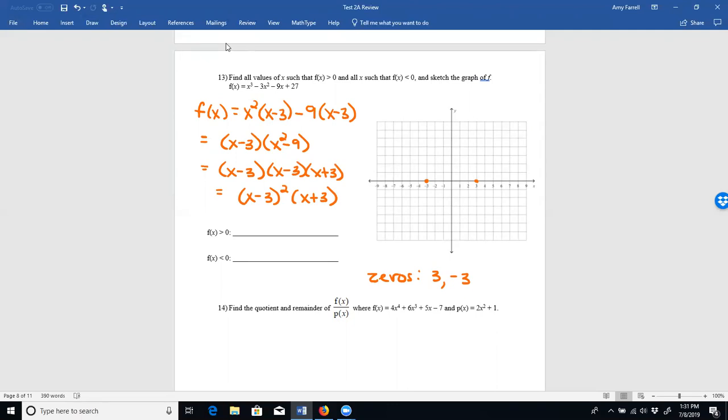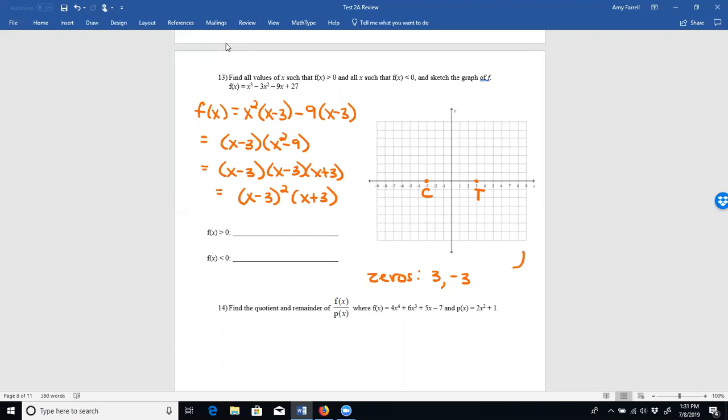At +3, because x minus 3 is squared, the multiplicity of this zero of +3 is 2, which would make it be a touch. So I've got a touch here and a cross here. Multiplicity is only 1 over here. So +3 is a touch, -3 would be a cross.